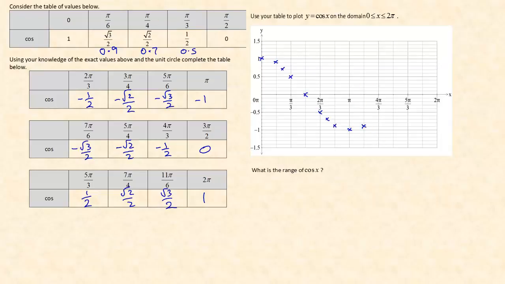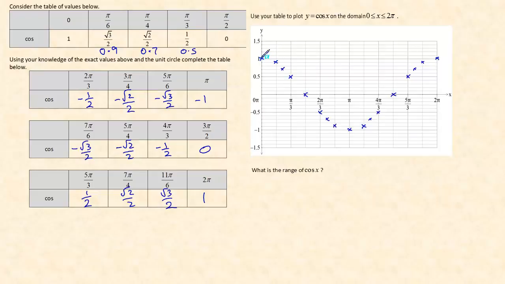Let's get rid of that. And then in the gap here we've got negative 0.7, negative 0.5, and 0 here. And then 5 pi by 3 is going to be a half. In the gap we've got 0.7, then we have 0.9, and then we're back to 1 there.